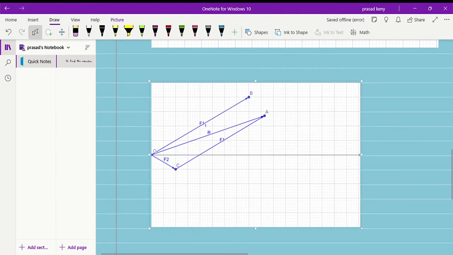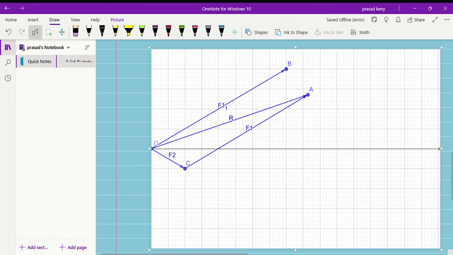So, as you can see here, what I have done is I have drawn a vector that is parallel to the vector OB, which is F1 here, starting from the terminal point of F2. So I have drawn a vector CA that is parallel to vector OB and has the same magnitude as vector OB.